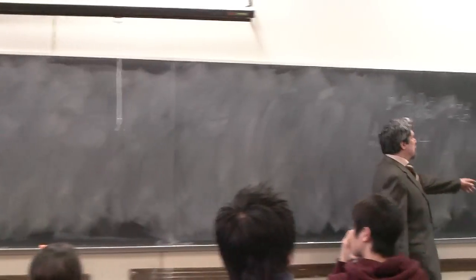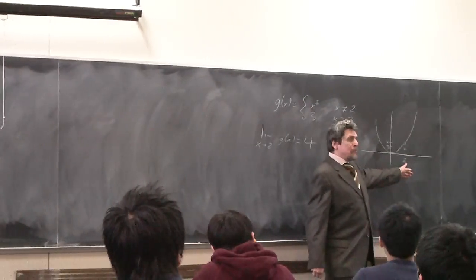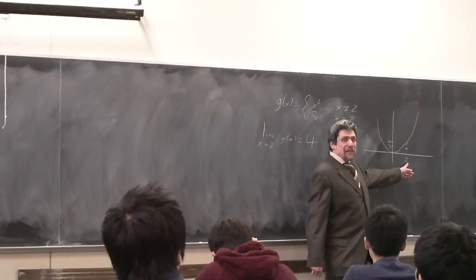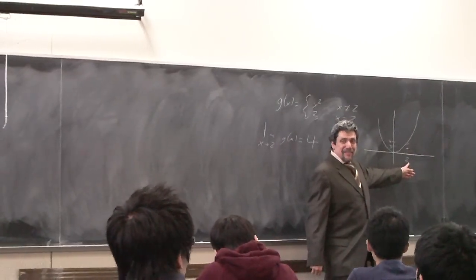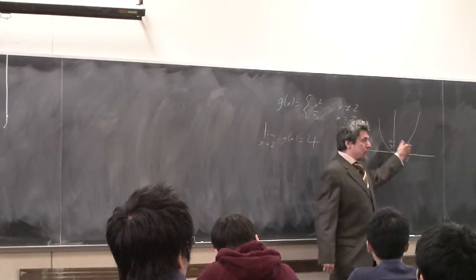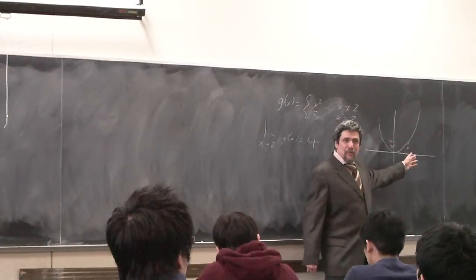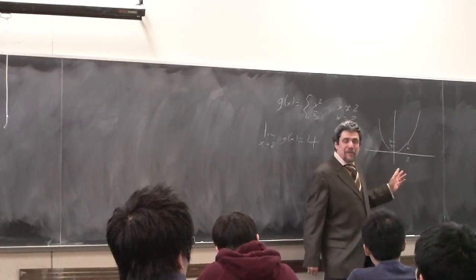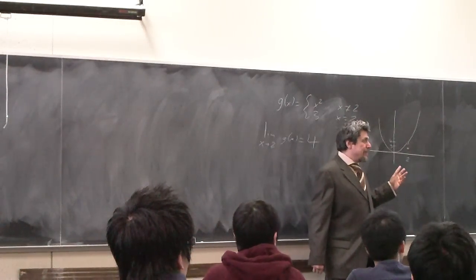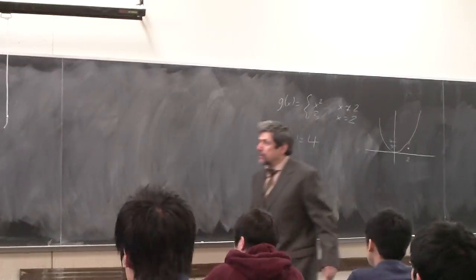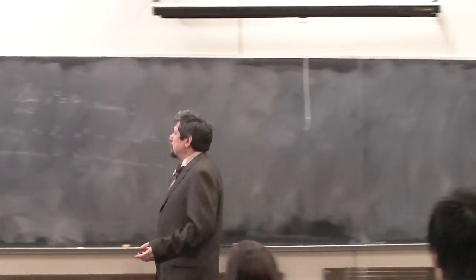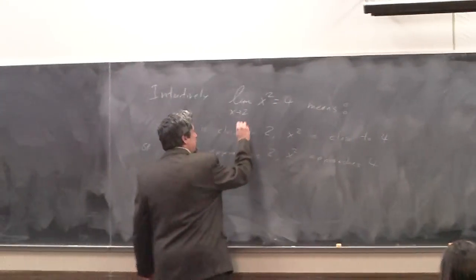So what's the point here? I mean, isn't 2 close to 2? You told me if x is close to 2, then the function has to be close to the limit, right? Isn't 2 close to 2? How come the function isn't close to the limit? So x is close but not equal to 2. Okay, right. If x is close but unequal, that's very important.